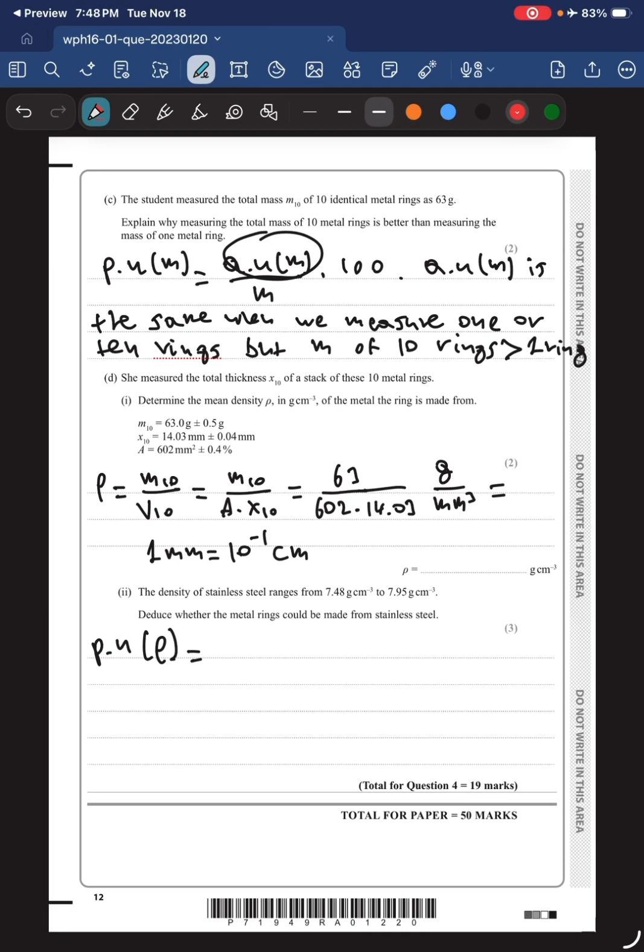That's why when we are dividing things, we have to work with the percentage uncertainty of a quantity. So here we are dividing the mass of 10 rings over the area of one ring over the thickness of 10 rings. Okay, so this is equal to the percentage uncertainty of M10 plus the percentage uncertainty in the area plus the percentage uncertainty in X10.